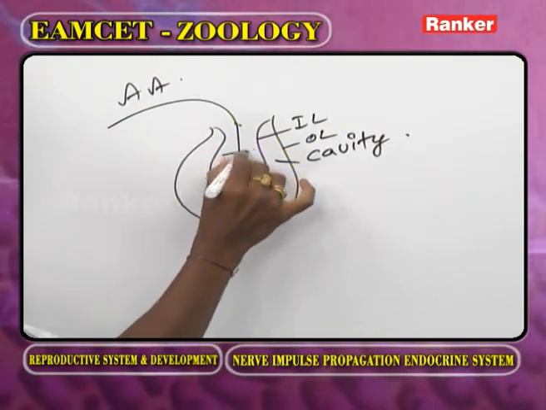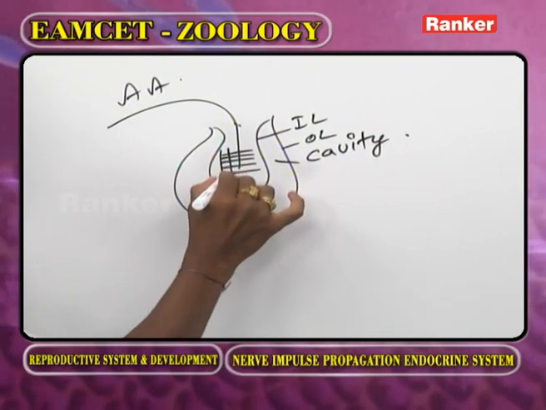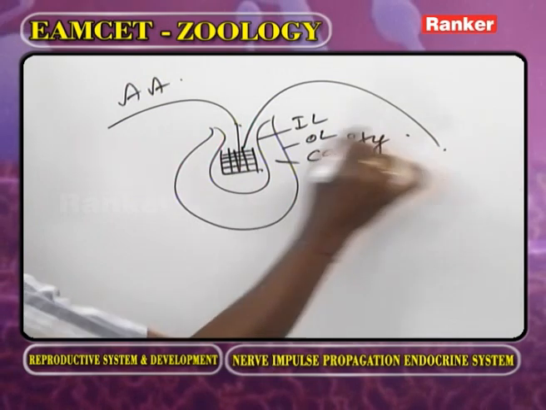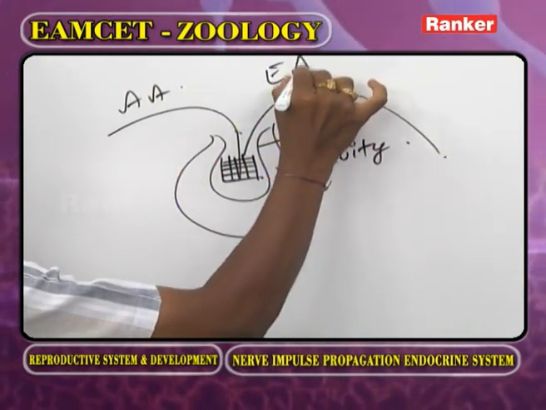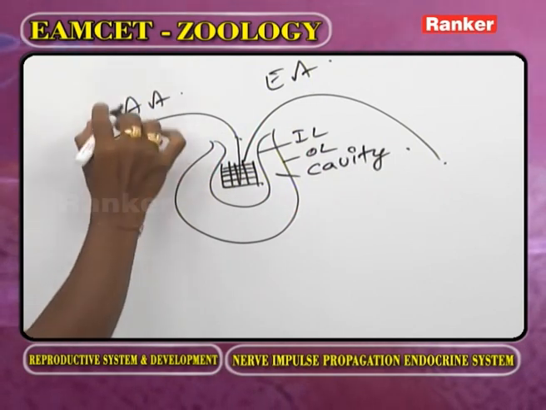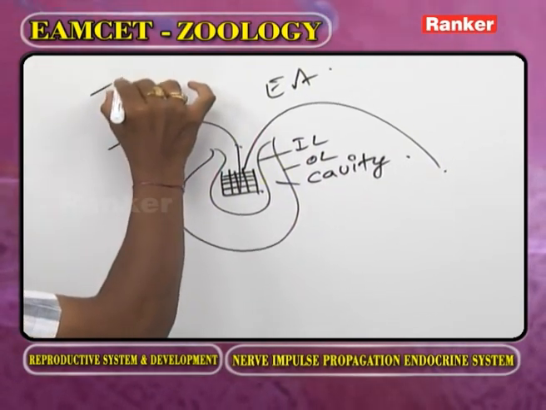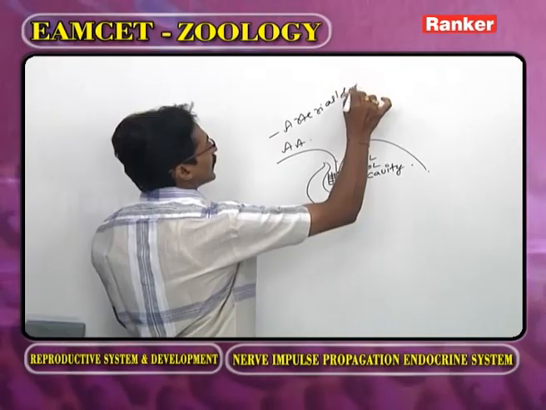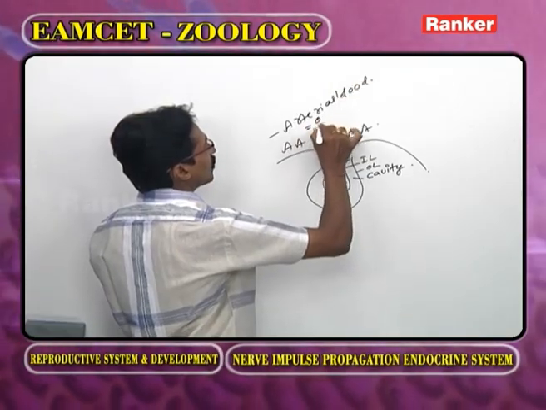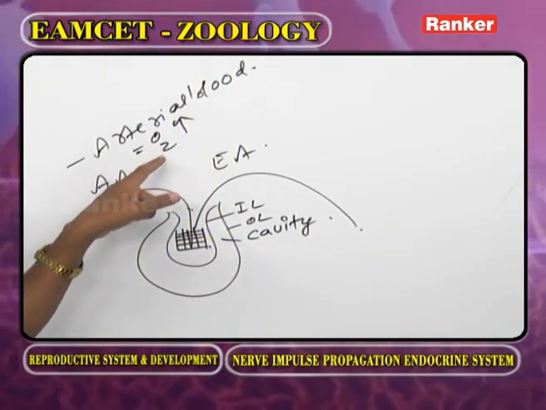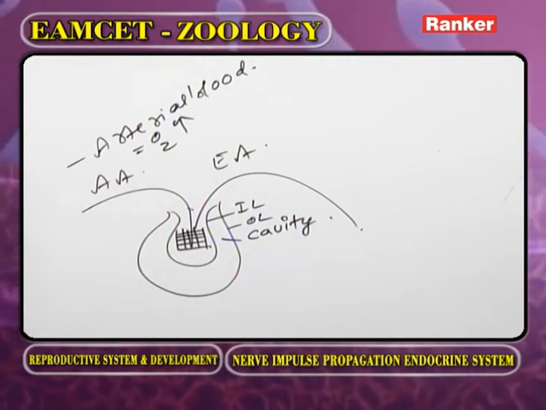The arteriole divides into a bunch of blood capillaries. Again the capillaries unite and come out as the efferent arteriole. Now in the arteriole, what type of blood is passing? The arterial blood. In the arterial blood, what is more? Oxygen is more. The arrow mark indicates oxygen is more in the arterial blood.